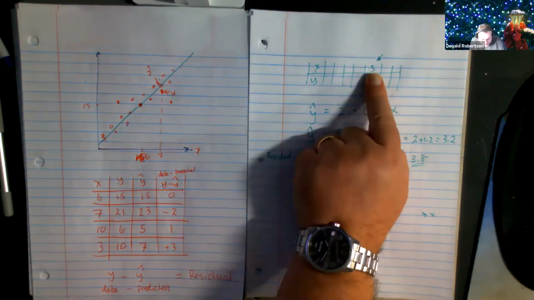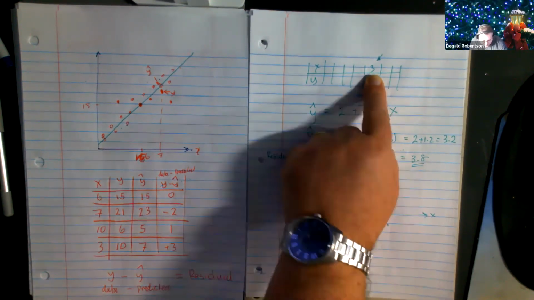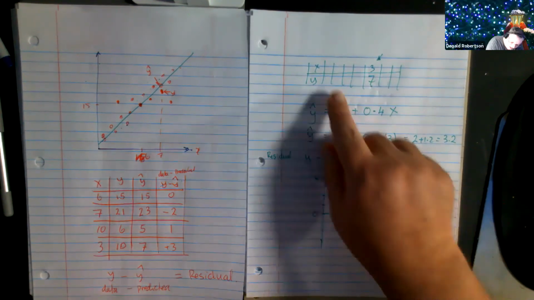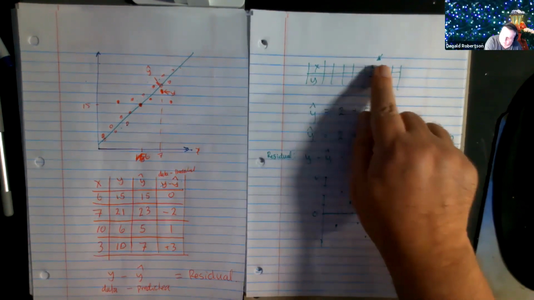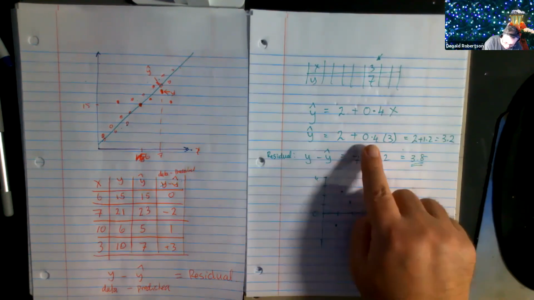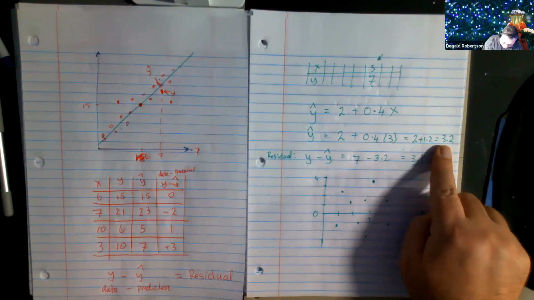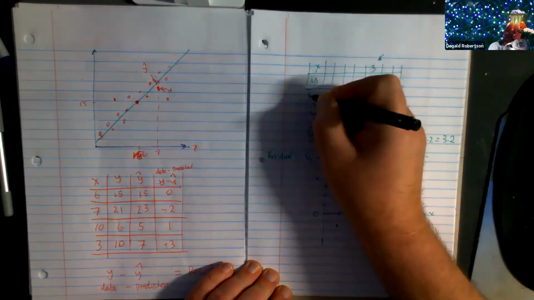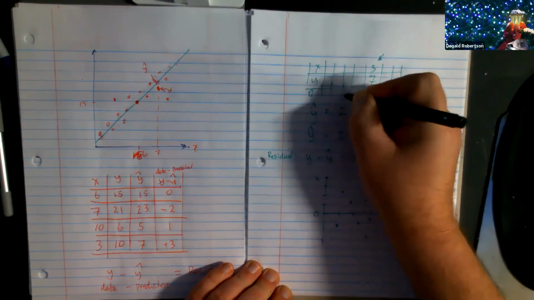Oh, in the table, the x is 3. Oh, okay. Right? So can you imagine there was a 5, a 7, a 9, an 8, a 4, a 2, and whatever. For every one of them, I would plug in this guy to get the y hat. So you can imagine there would be another row here called y hat, which is what the straight line would be predicting.